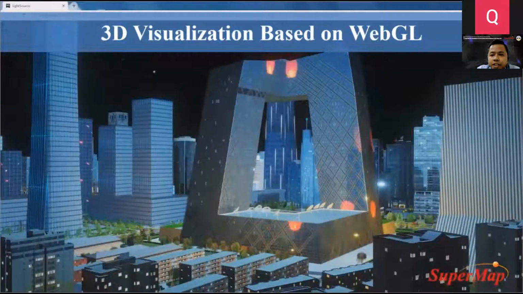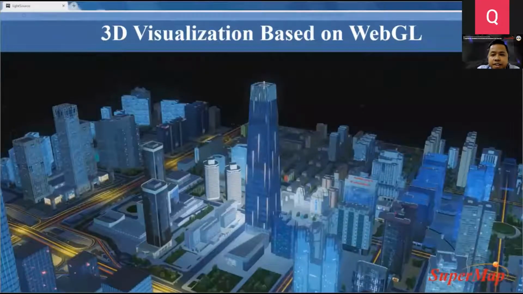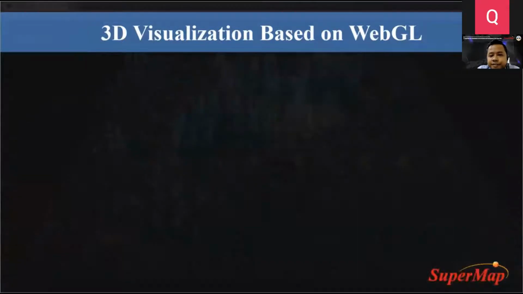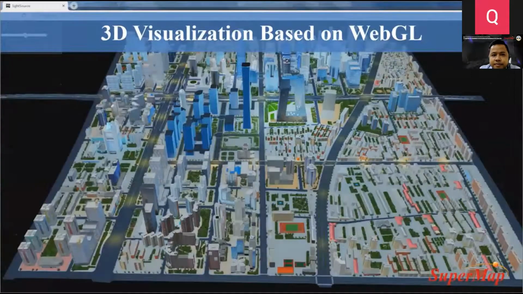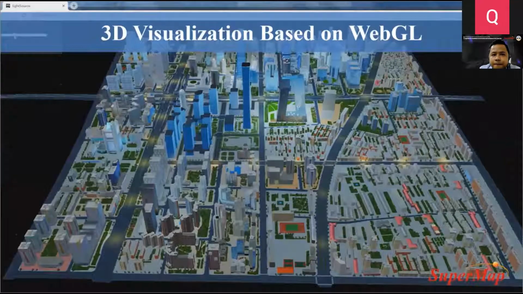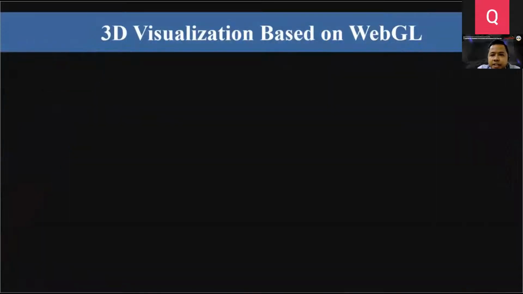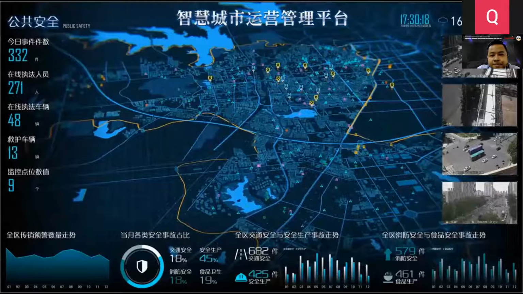We can give good effects such as night or day effects, light, and so on. This is another example, a more applicable version to support a smart city dashboard. We can put many, we call them widgets here, like the camera, the CCTV, and then the charting and other data.